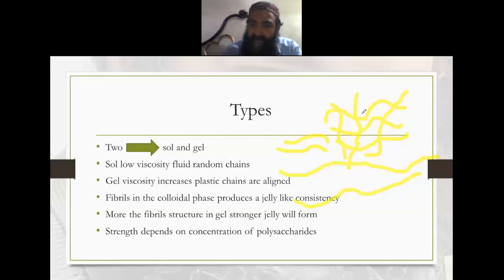This type of consistency will be more dense, more viscous, and this will be less viscous. The more the fibril structure in the gel, the stronger the jelly that will form. They are compact, they are closer, and strength depends on the concentration of polysaccharides. If more polysaccharides are present, then the strength will be more.